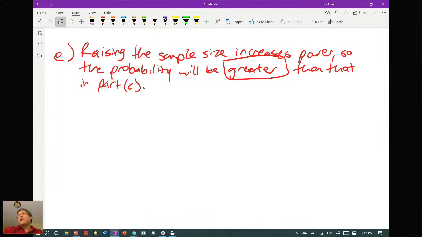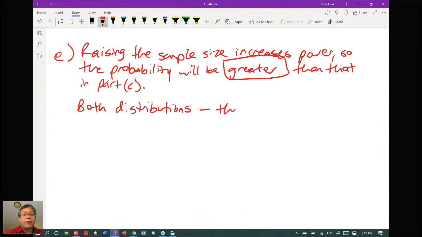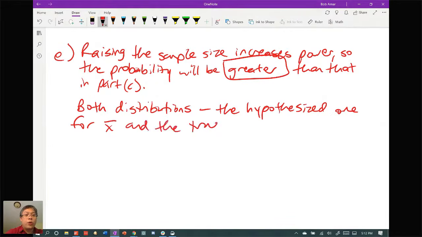Looking at the criteria for part E, let's see if we can make a better explanation than this. Both distributions, the hypothesized one for X bar and the true sampling distribution, would have smaller spreads.